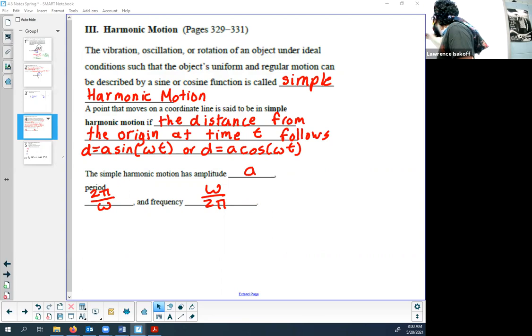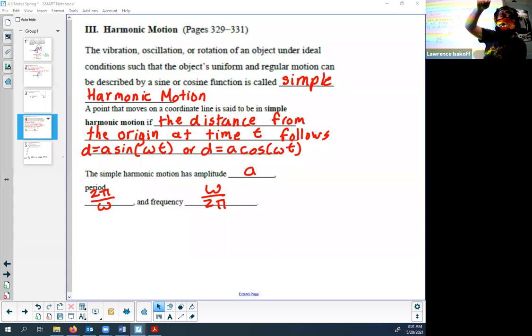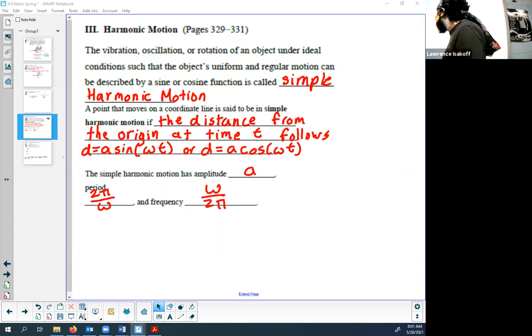We'll just call it w times t, or cosine, where a is the amplitude. So if I pull it down 2 feet from its starting position, that would have an amplitude of 2. And then the period will be 2 pi divided by w, and the frequency is literally just the reciprocal of that.